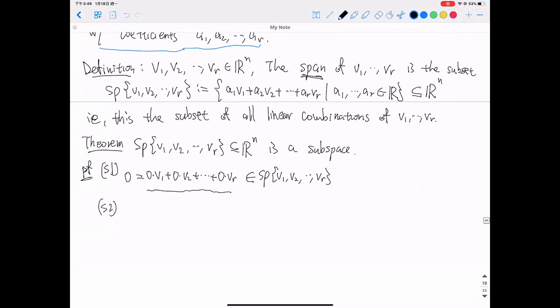Okay. Now for S2, you have two vectors to begin with. Let's call them Y and Z, both linear combinations of the v's.